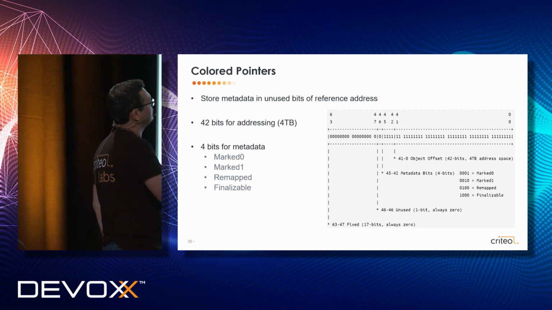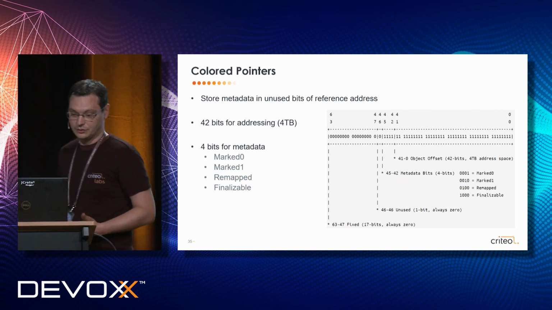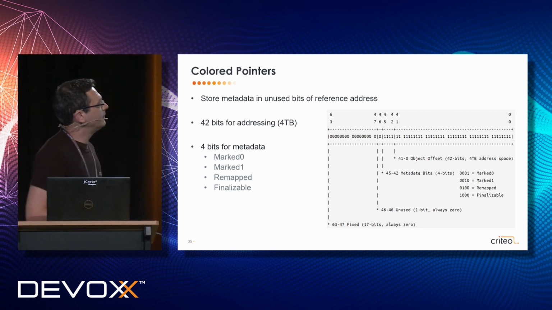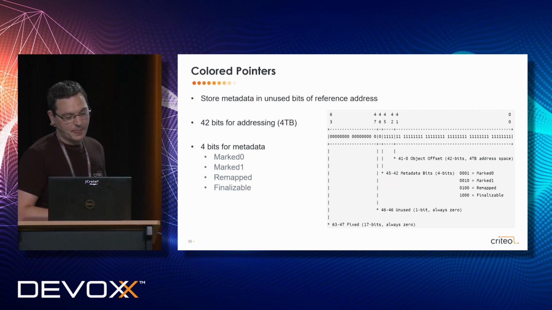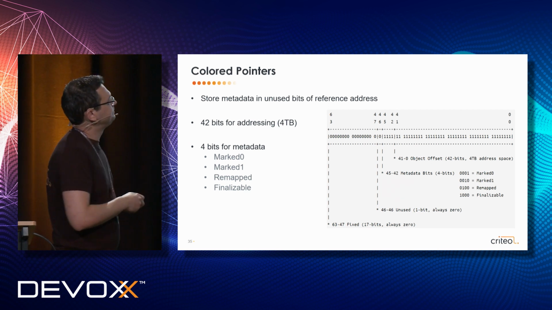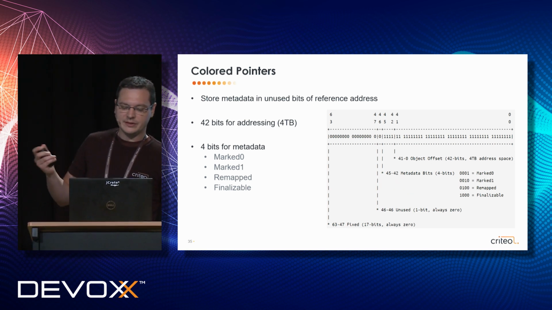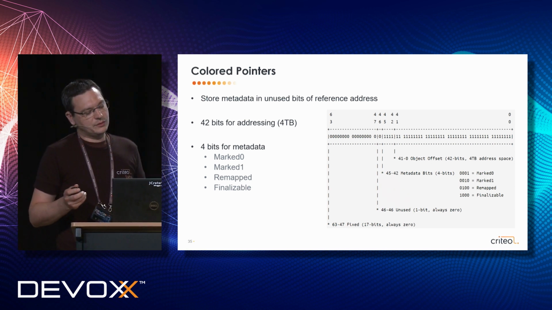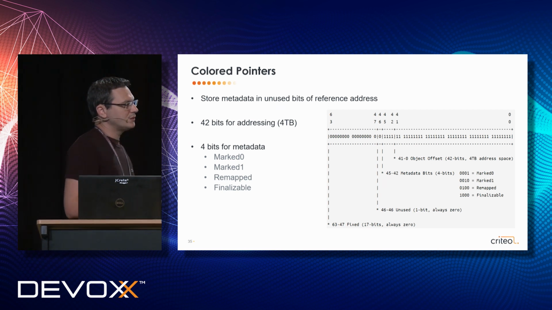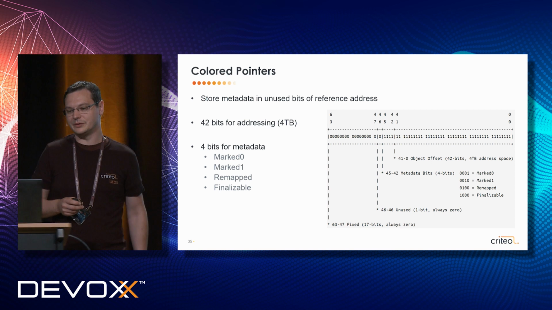There are a lot of zeros that are still zero because they are not used for addressing. So they use 42 bits for the addressing, up to 4 terabytes, and the 4 metadata bits here. I think for JDK 13, they will increase this limit to 16 terabytes using 2 more bits. Still, we have some space.